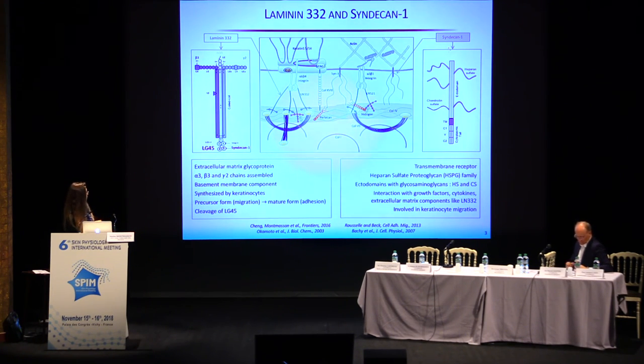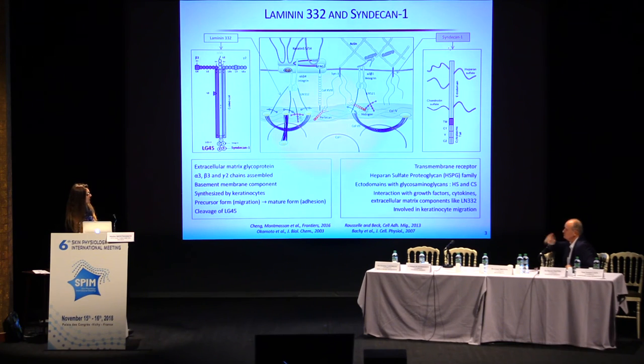The cleavage of 2 globular domains called LG45, localized at the C-terminus of its precursor alpha-3 chain, leads to a mature form promoting cell adhesion. In 2003, my lab showed that the LG45 domain interacts with the Syndecan-1 receptor.